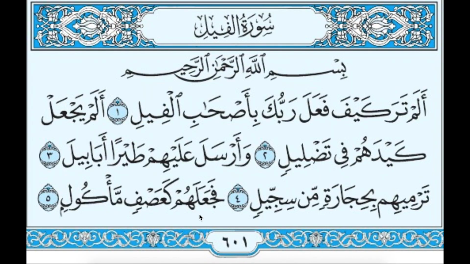The meaning of ka'asfin ma'kul is that asf is like a storm, and it comes in the Quran a couple of times. Rihun asif, like a wind that comes down with a storm. And ma'kul means eaten.